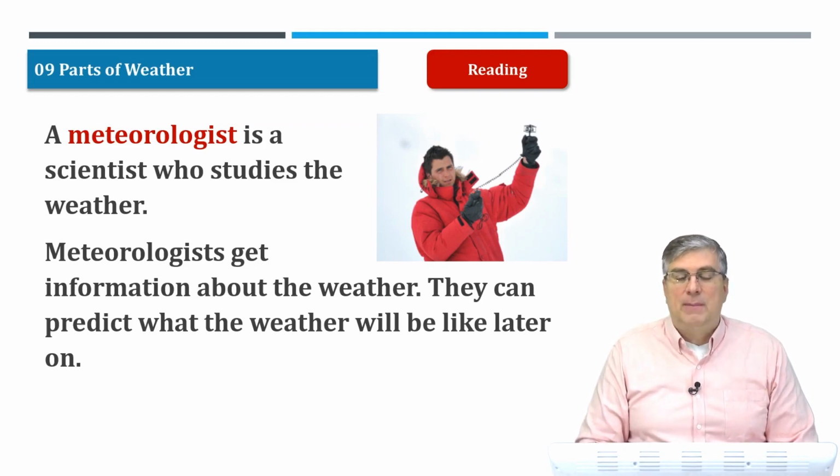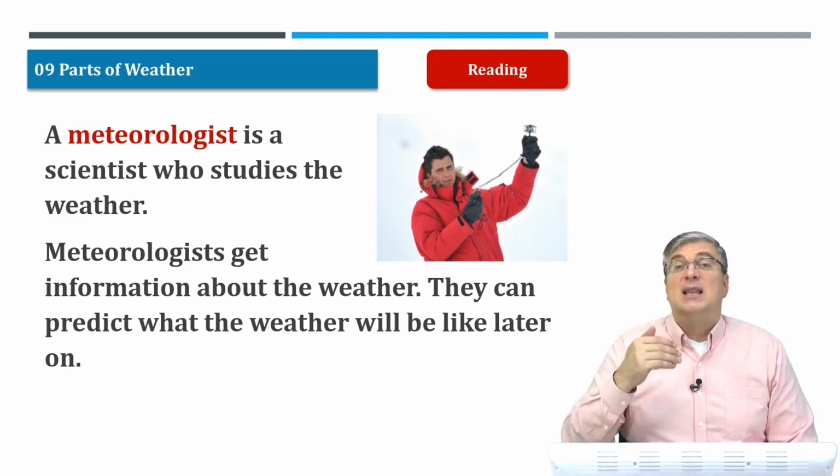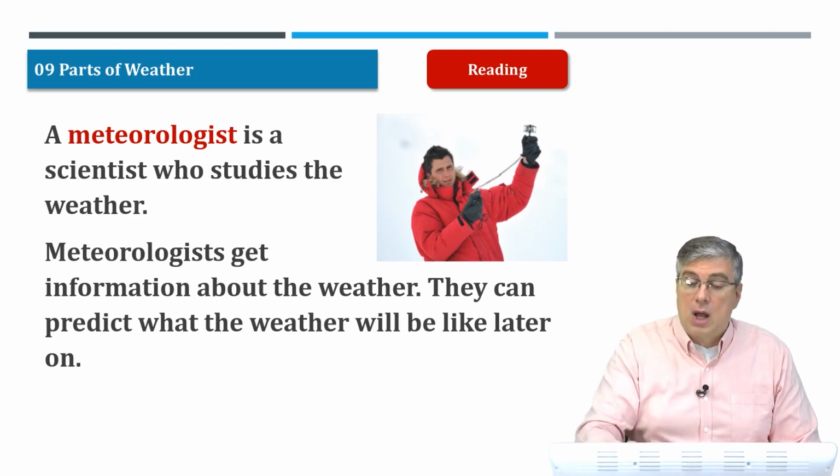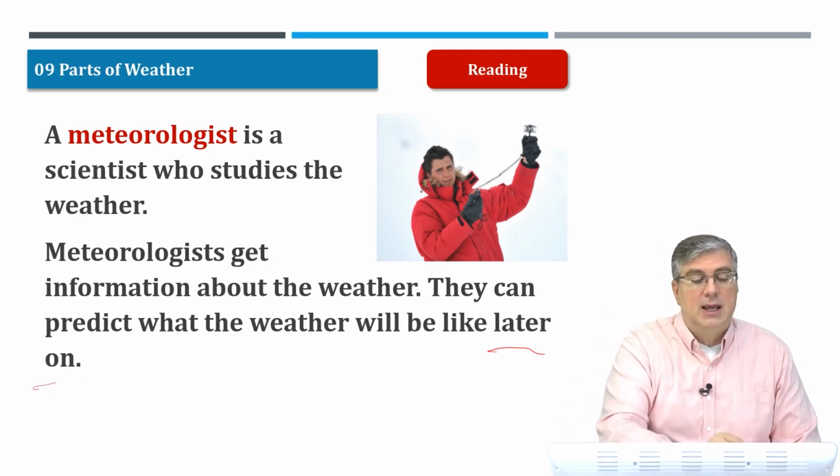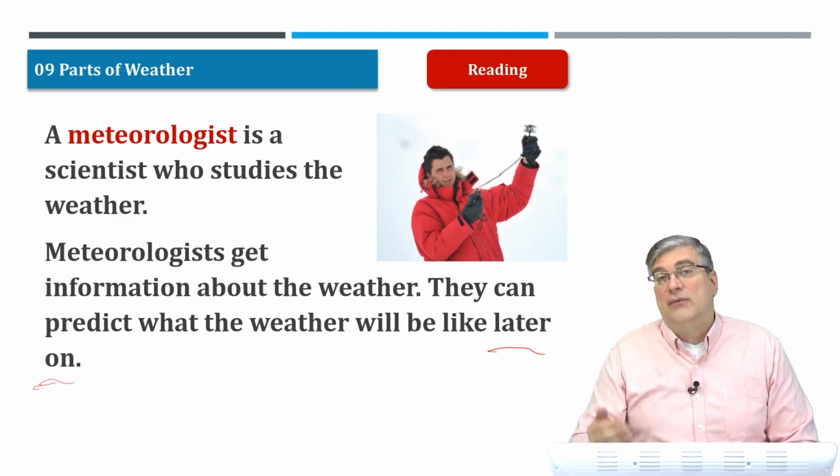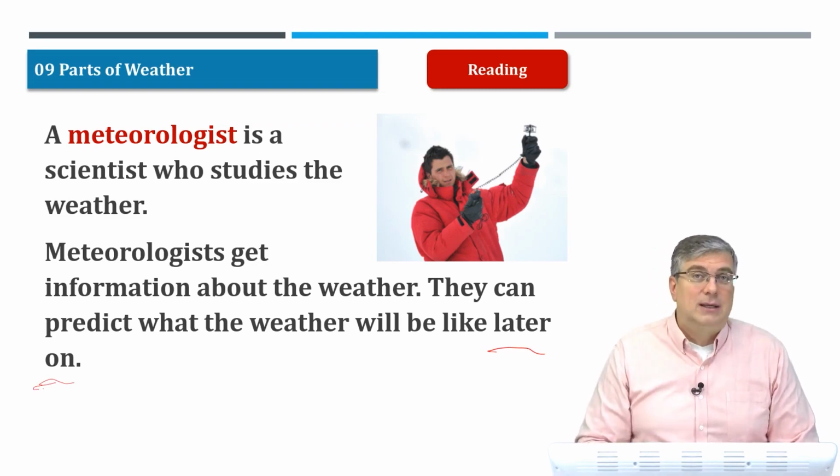Meteorologists get information about the weather. They can predict what the weather will be like later on in the future. Like I said, maybe tomorrow, the day after tomorrow, next week, but 2 weeks from now, that's a little difficult. Okay, so later on means tomorrow, the next day, or next week. Okay, moving on.